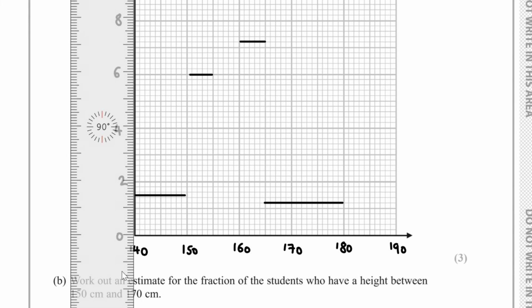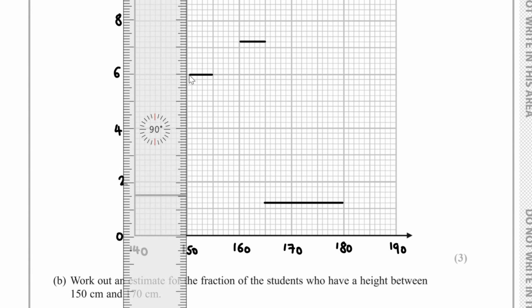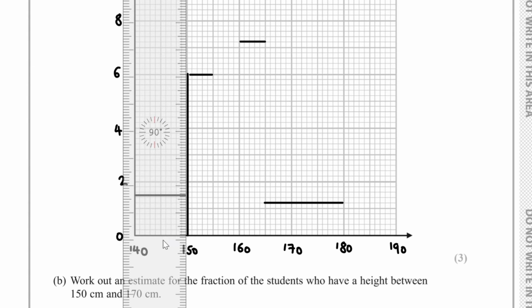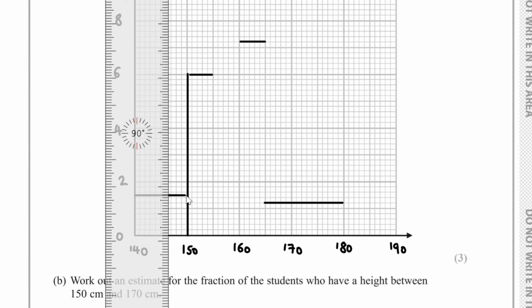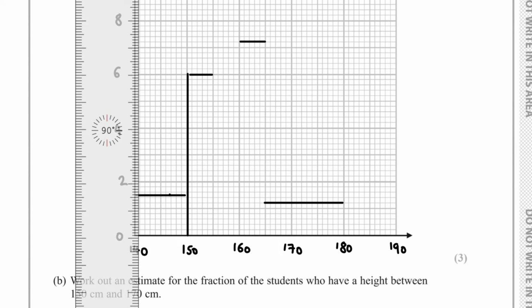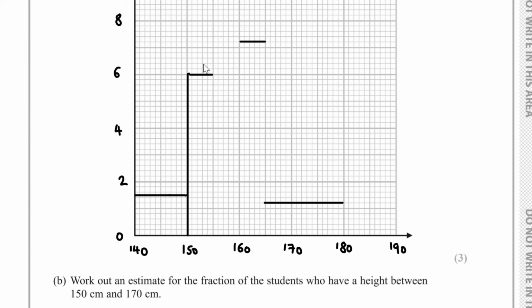So if I draw a vertical line, we've got something looking like this. Okay.